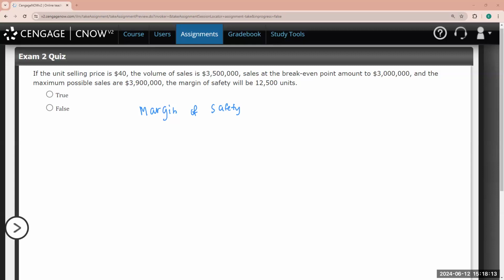And currently, we are anticipating that we are going to sell 3,500,000 units. So therefore, this answer, it says, okay, margin of safety and sales. So therefore, break-even unit sales would be subtracted from our current sales.